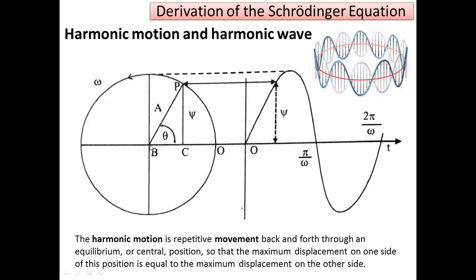If you have a look, this is the central point, and the distance it covers from the central point is the radius, shown here as a, and the position from 0 to P. This is the wave function displayed in a circular motion, and it is displayed as a wave. I am going to further clarify this concept.